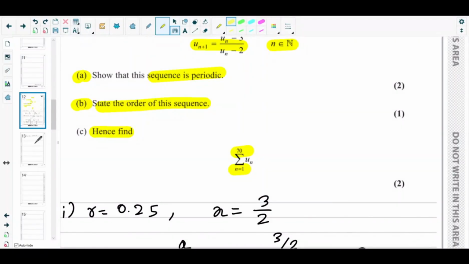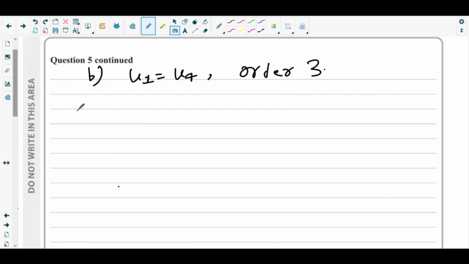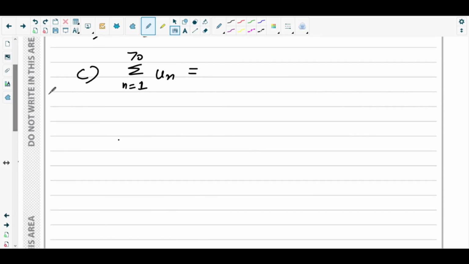So we know that this sequence is periodic, isn't it? So since the sequence is periodic with period of order 3, we need to consider from n equals 1 to 70 how many periods will be there.